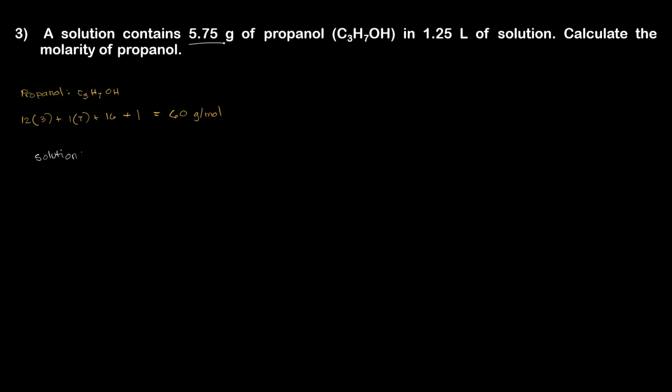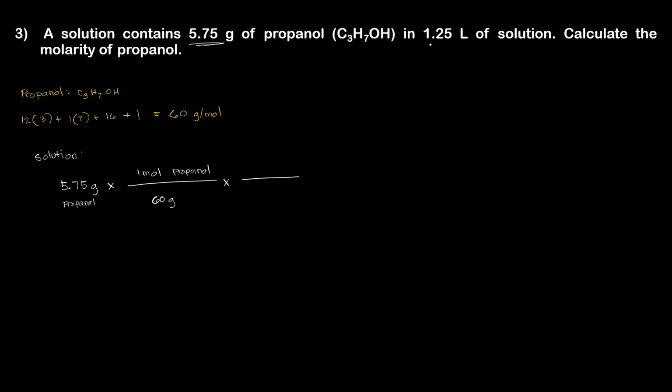So likewise, let's start with the given mass. So 5.75 grams of propanol times 1 mole of propanol weighs 60 grams. Okay, we have found it here in its molar mass.